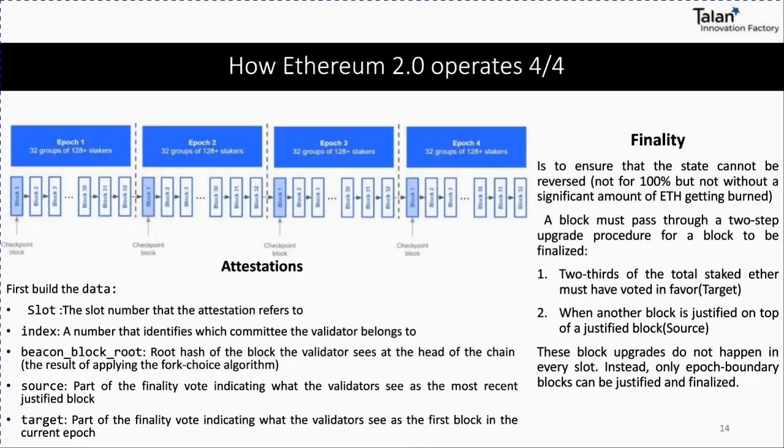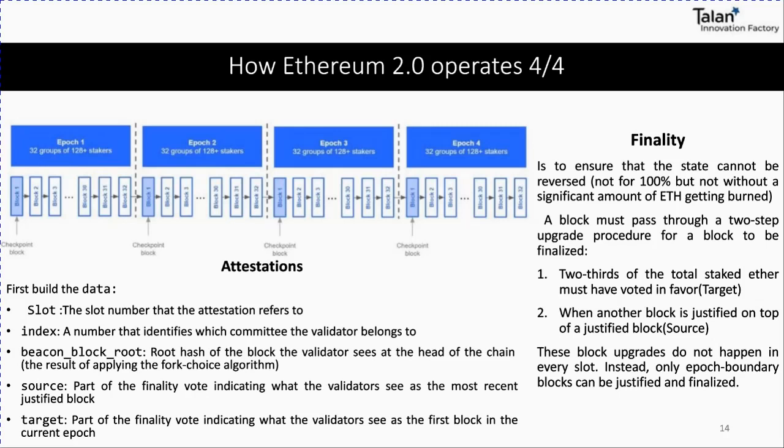Okay, so now we get into more technical stuff, but I will try to make it simple. When we said earlier that a validator is voting on three different aspects, the source, the target, and the head of the chain, this is exactly what will happen. Let's say here we have four epochs, and in each epoch we have 32 slots containing maybe one block or no blocks at all.